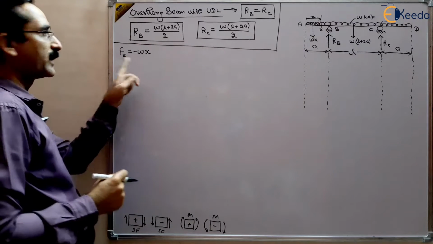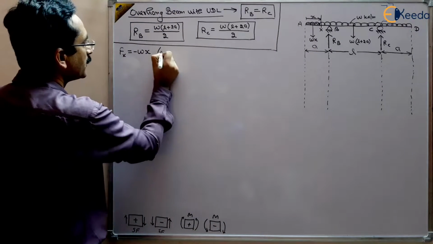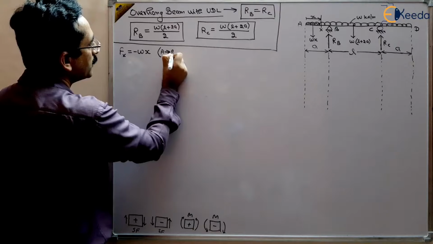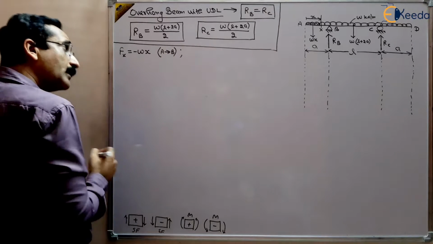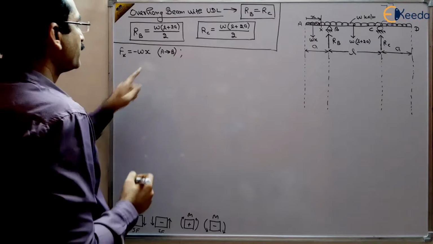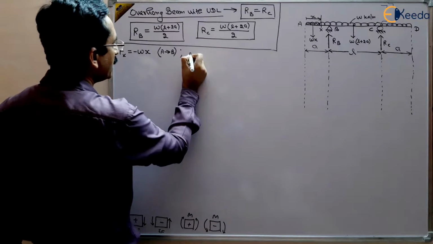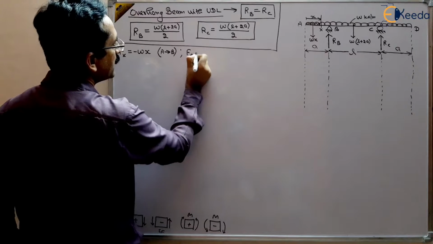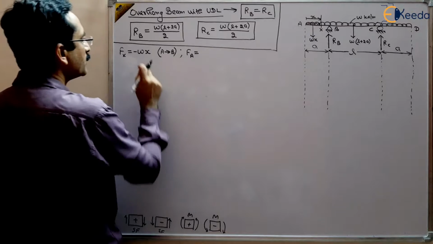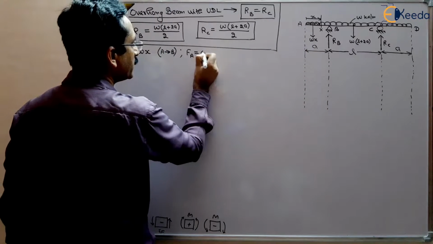So shear force is varying linearly between A to B, right? And it is valid between A to B only. So this is a shear force. And we can find out the forces at the endpoints at A and B using this equation. So what will be Fa? Put x equal to 0, because at A x is 0. So this will be equal to 0.